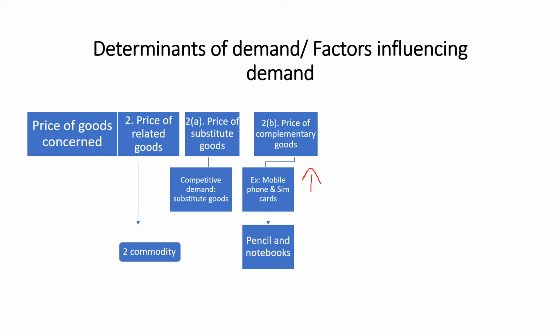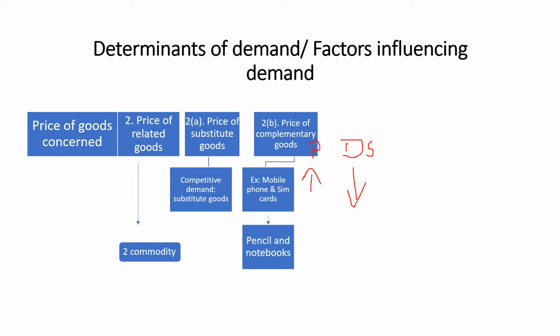Sorry, the SIM card's demand will go down. This is about the phone and this is the SIM card. The phone's price has gone up and the SIM card demand has come down.